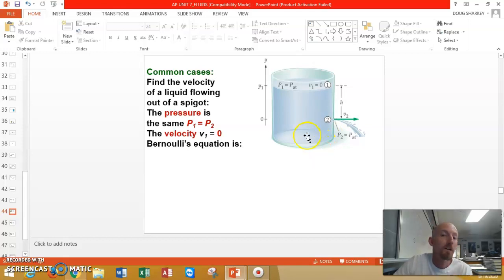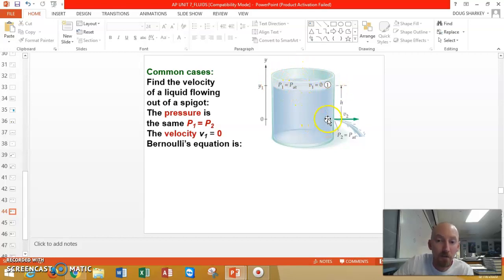Okay. We're going to cheat again, and we're going to say that when you let the water go and it starts flying out here, the velocity that this level of water starts moving down is going to be 0. We're cheating. What happens is that this is a very small hole relative to this part here.